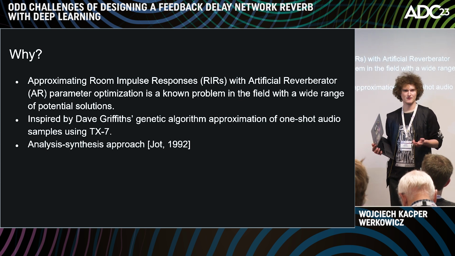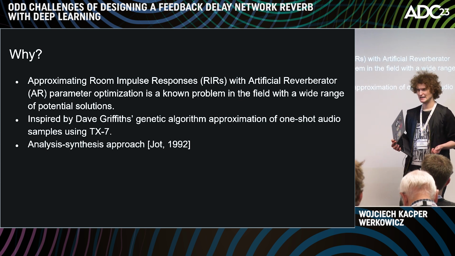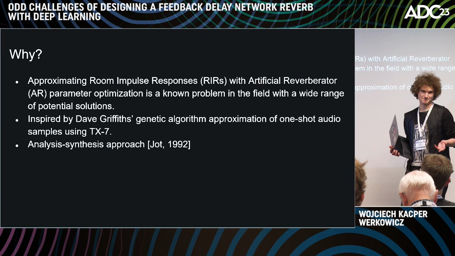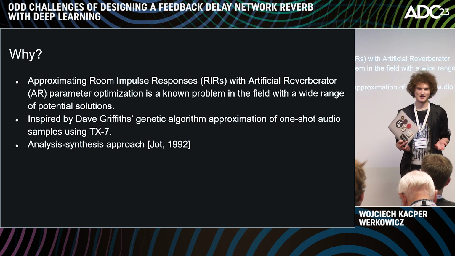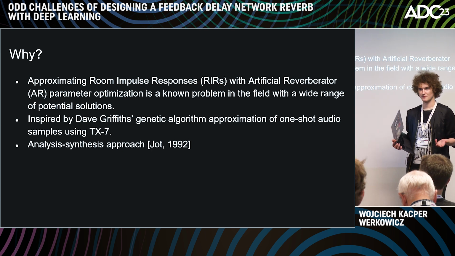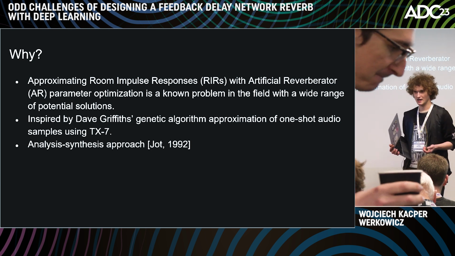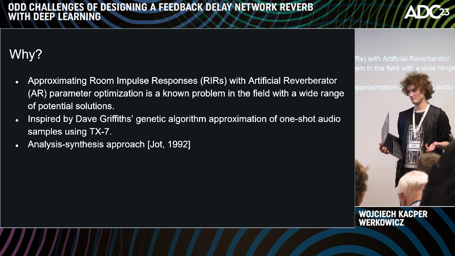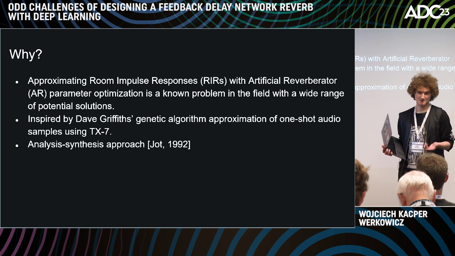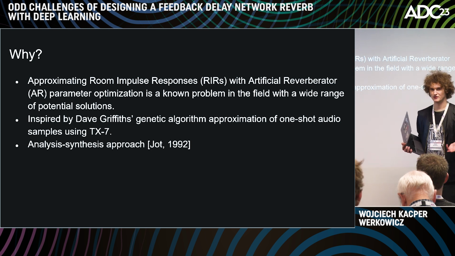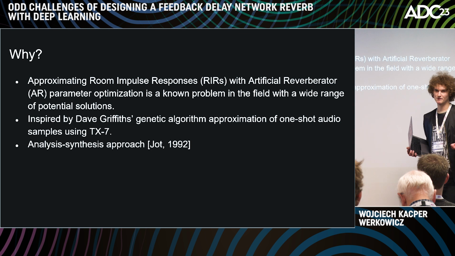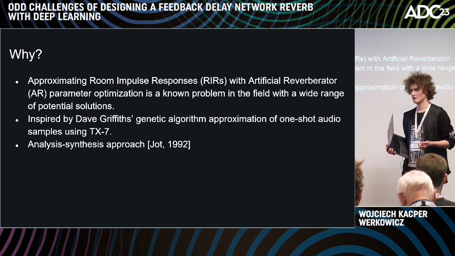Yeah, and we thought, oh, okay, this is quite a cool idea. We were, I guess, into reverbs at the time, and we figured, okay, what if you can do something like that with feedback delay networks? Maybe what kind of ML you can use to do so, to approximate the parameters that will give you something as close as possible to a real room impulse response.